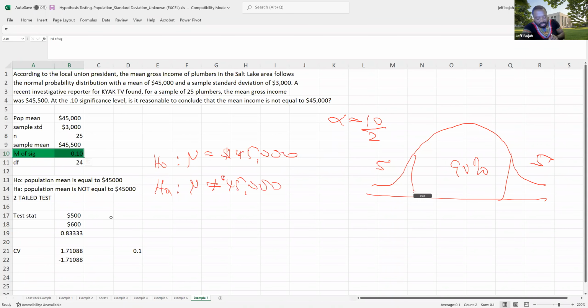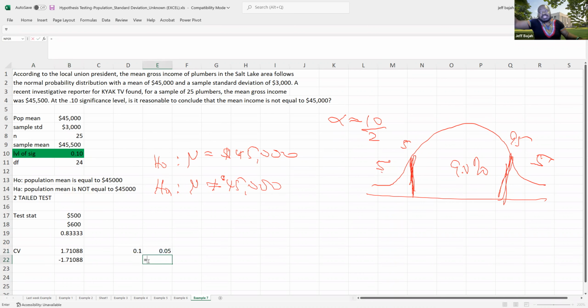So in theory, these two places here are 5, and here is actually 95, because it's 5 plus 90, or 100 minus 5, so it's 95. So one way you can solve this question is to say this is equal to your 10% level of significance divided by 2. That gives you 0.05.